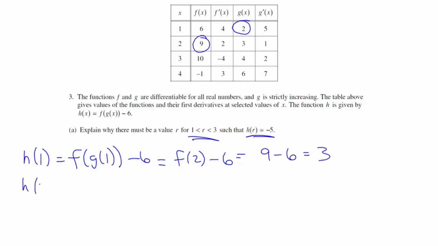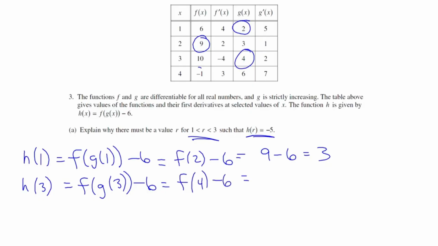And then we'll look for h of 3, which is f of g of 3 minus 6, which will be f of 4, because g of 3 is 4, minus 6. And f of 4 is -1, so this will be -1 minus 6, which is -7. And we can see that -7 is less than -5, and 3 is more than -5.